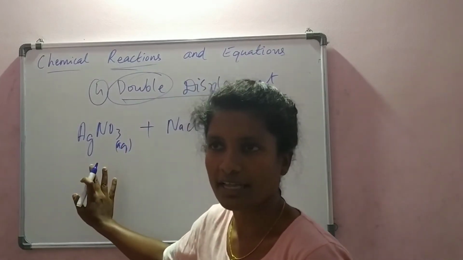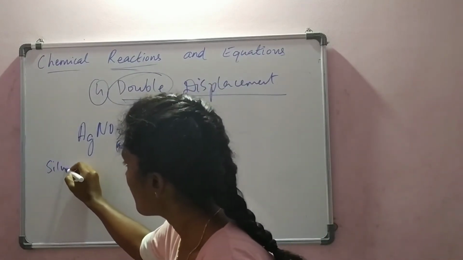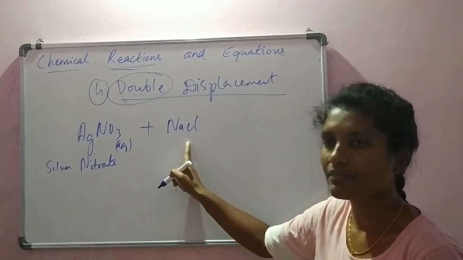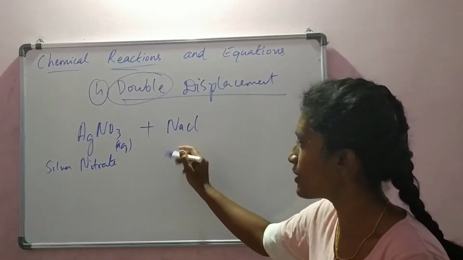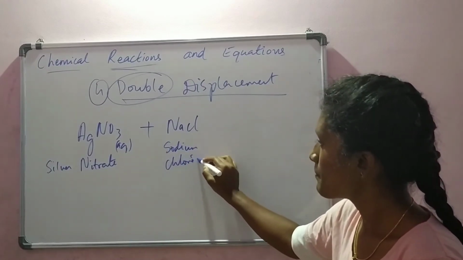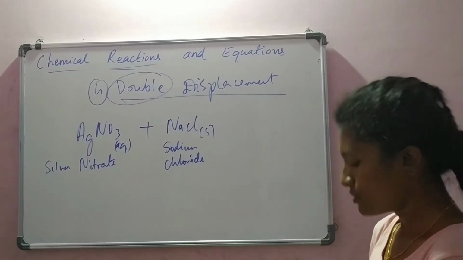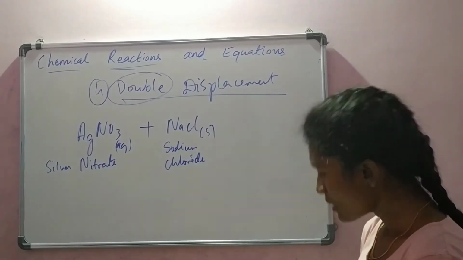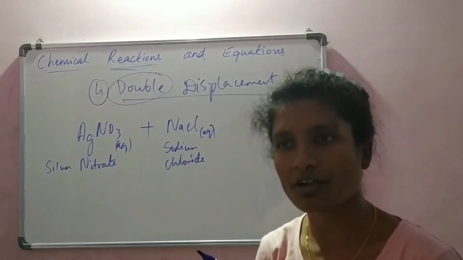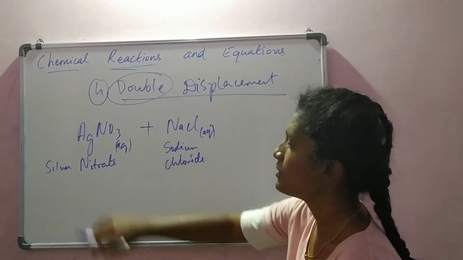Basically, solutions are taken. Silver nitrate solution is added to the salt. This is sodium chloride salt, which is solid in nature usually. In this experiment they have taken it aqueous again. The salt is put in water and that solution is poured into silver nitrate.